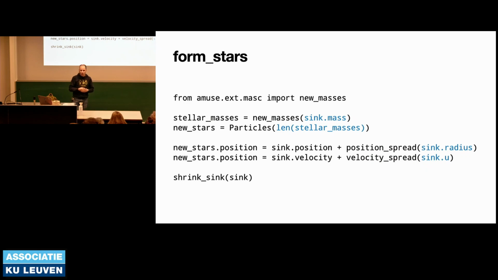What it will do is use the mass distributions in AMUSE, like the Kroupa in my case, to say, okay, I have this much mass available, form stars until you exceed the mass that is available. And then it will place them around the center of the sink in a nice random distribution with random velocities that are taken from the velocity distribution of the gas that was accreted onto the sink.